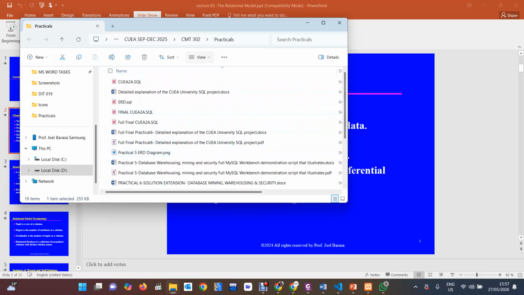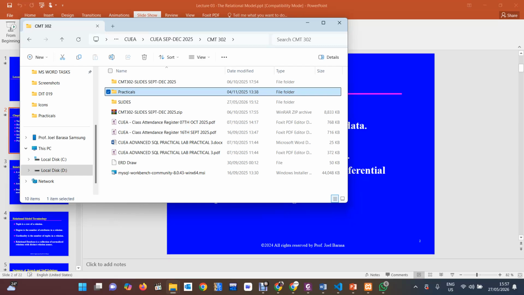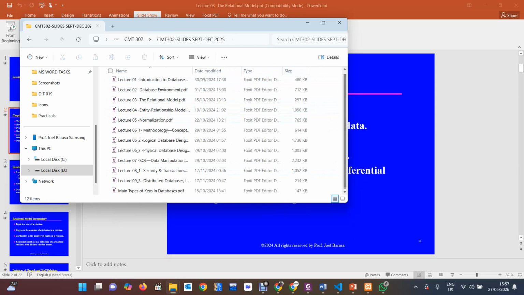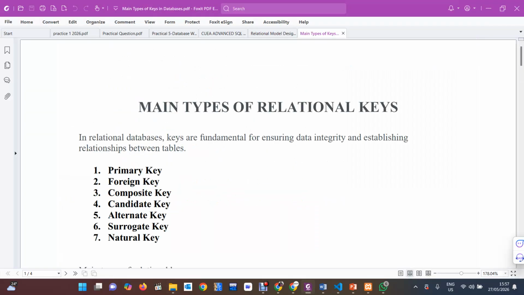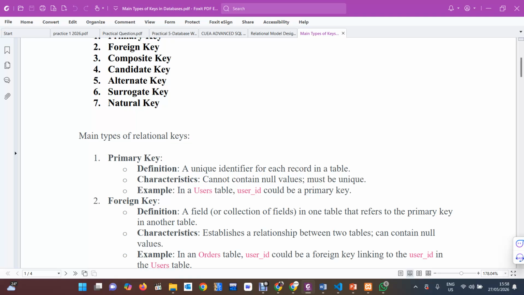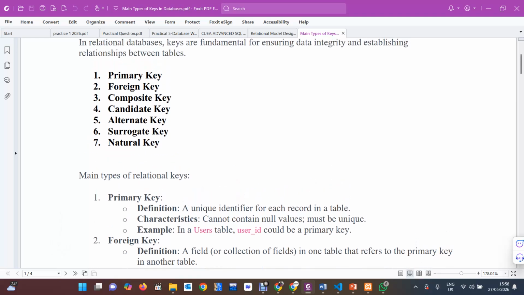I wanted to have a simplified concept of that so that I can easily explain this here. So we have a primary key, foreign key, composite key, candidate key, alternate key, surrogate key, and natural key.